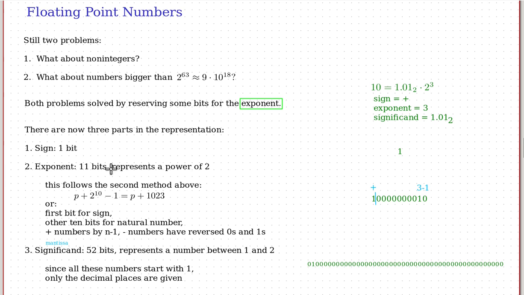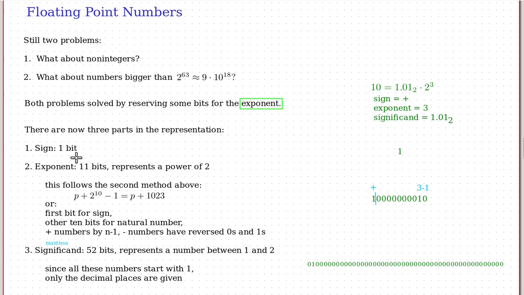So what we're going to do is use a scheme analogous to the one we were just describing on the previous slide. On the previous slide, we had a way of representing integers in 64 bits. Now we're going to represent integers in 11 bits. It's just going to represent the power of the number, the 2 to the what power.